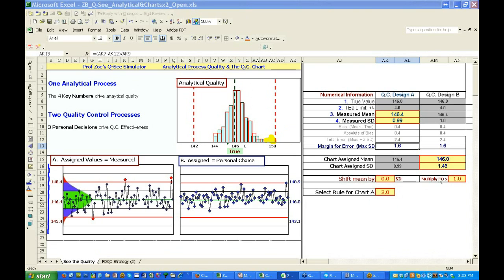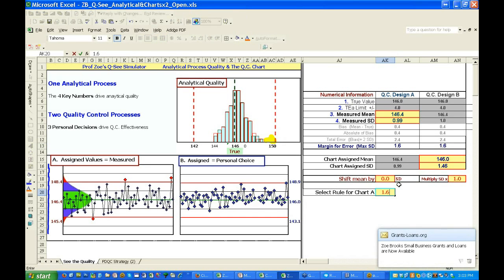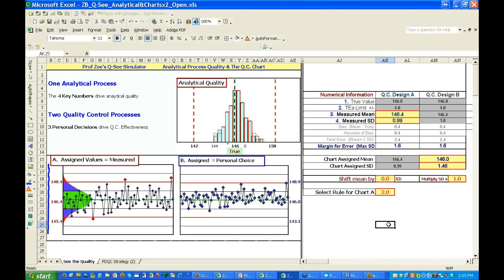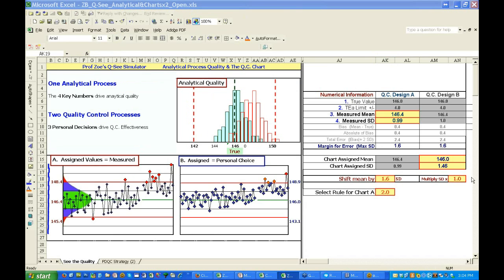Let me just show you how that would work. If I shift this method by 1.6 standard deviations, now results are going outside the allowable error limit.